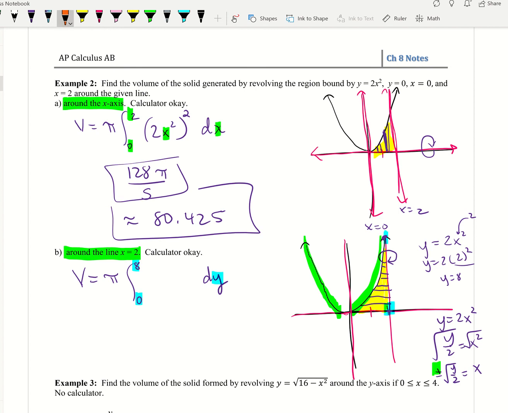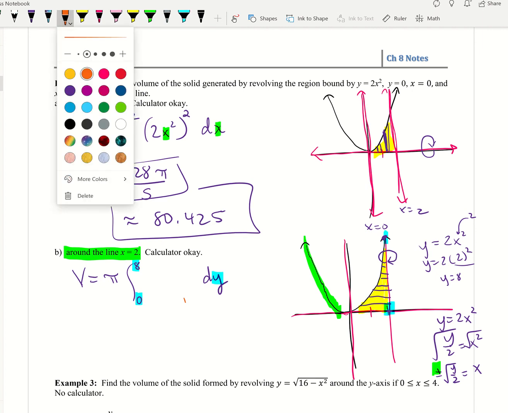And what a lot of students do, and this is wrong, is they just write this, and they think they're good. That's not correct. Here's why. If I just write that formula, that will take me to the y-axis.